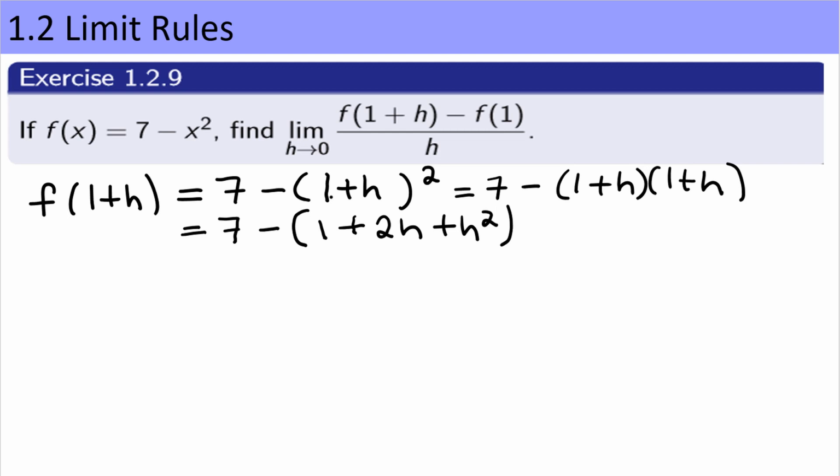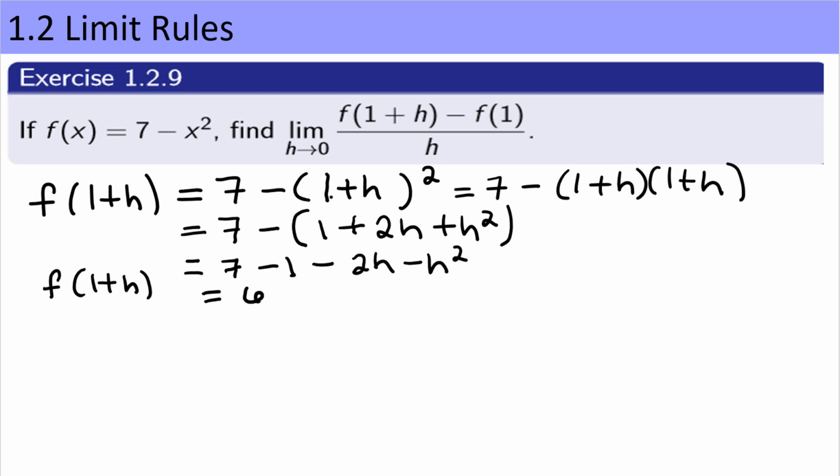And let's clean this up one more time by distributing the negative. So you have 7 minus 1 minus 2h minus h squared. And I spoke too soon. We need to combine the 7 minus 1. So we get that f of 1 plus h is 6 minus 2h minus h squared.